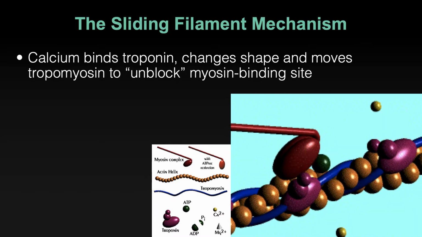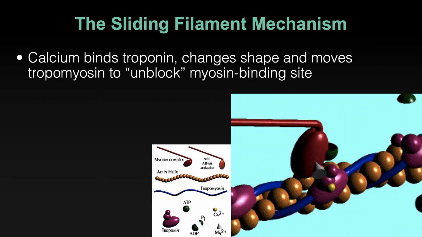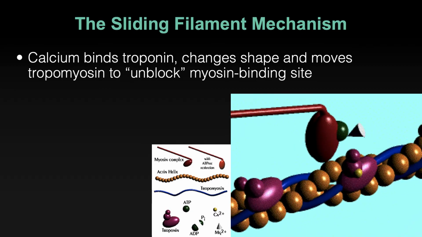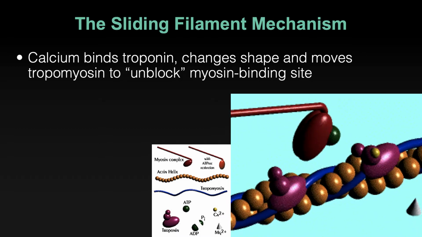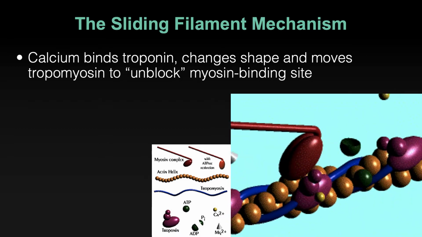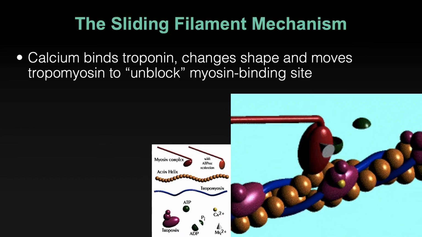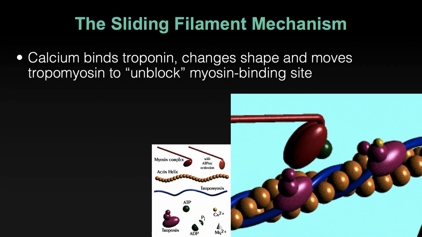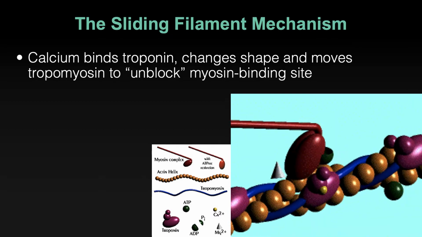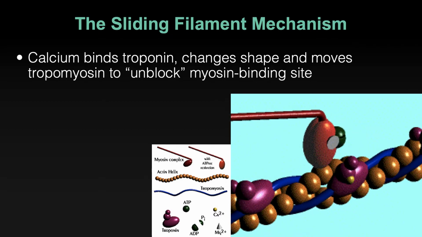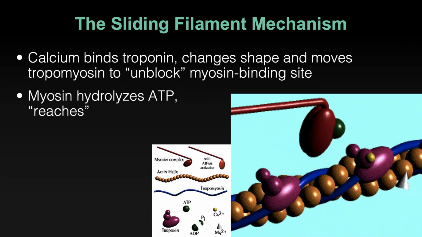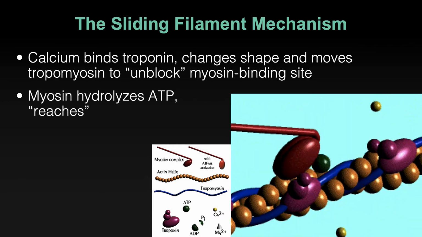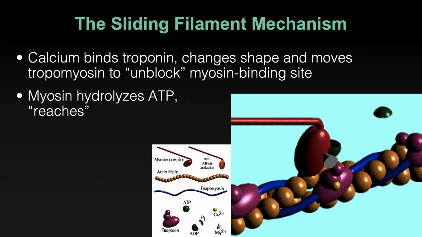As soon as calcium is released, it binds to troponin and moves tropomyosin out of the way, and by being out of the way, the binding site for myosin is now available. So if it's available, myosin will bind it.